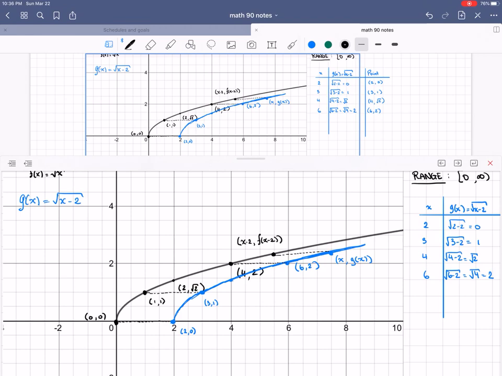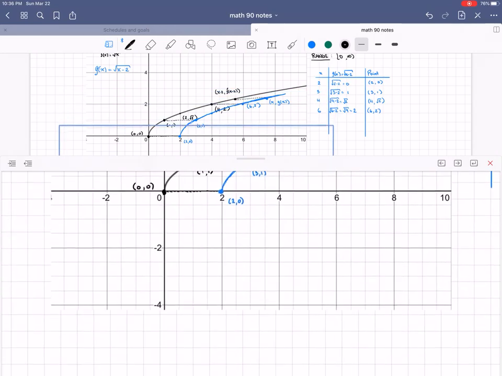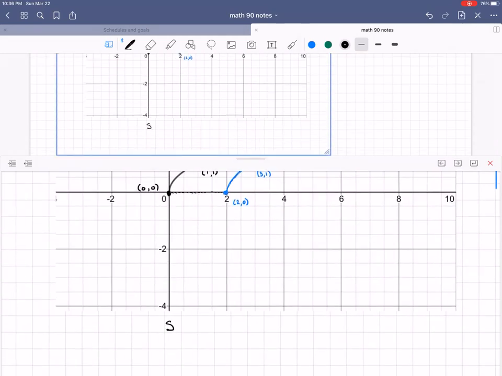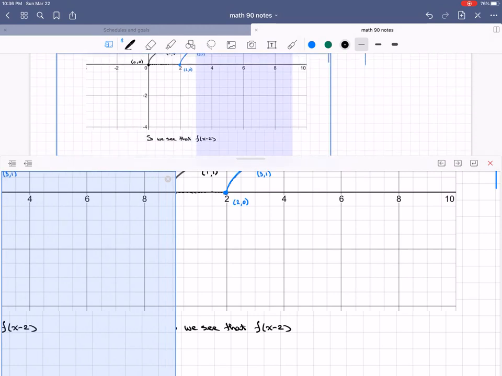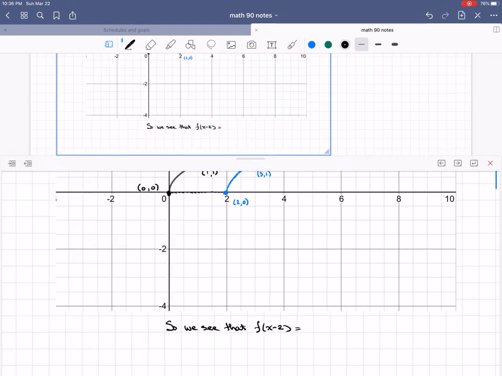But these 2 points have the same y-coordinate, so I'm going to write that down here. So we see that f of x minus 2 is equal to g of x.